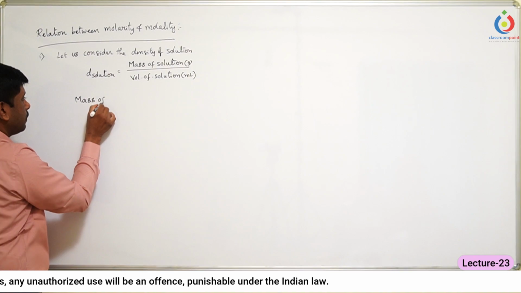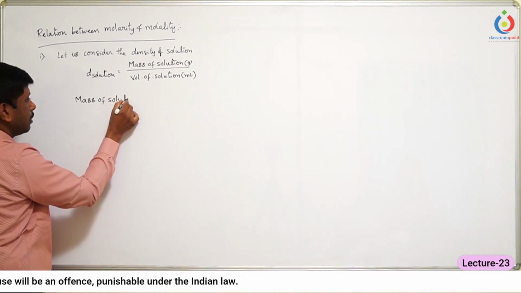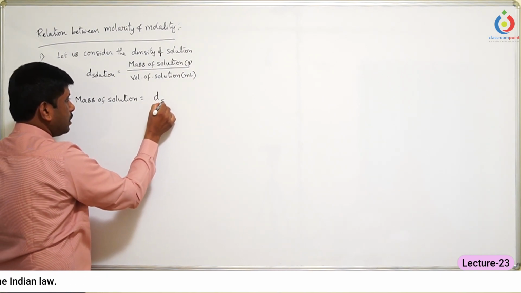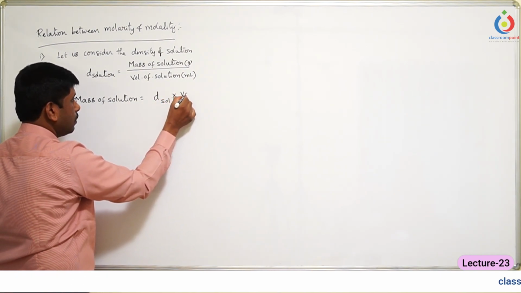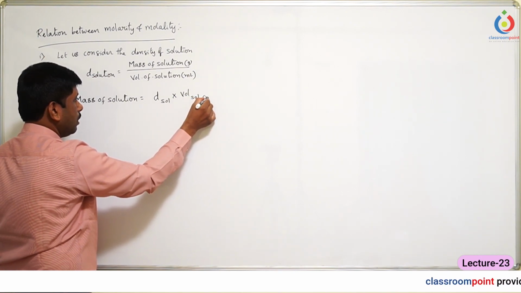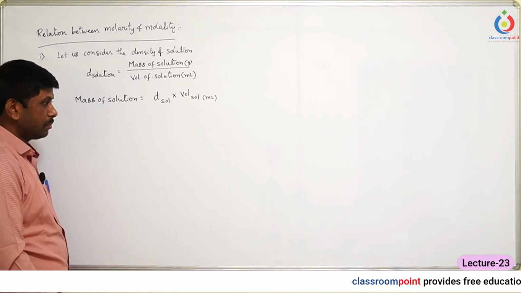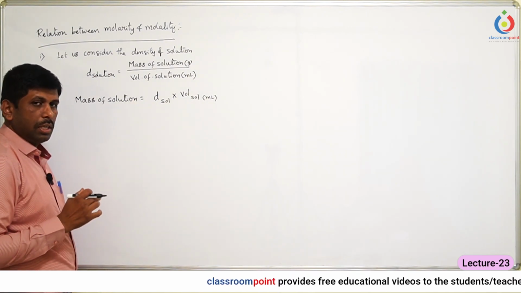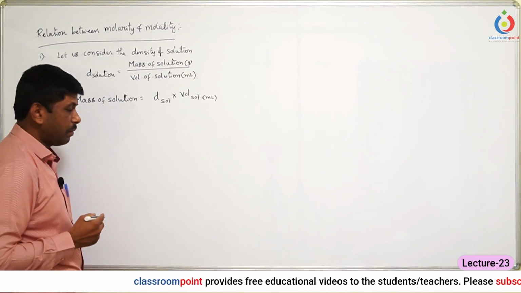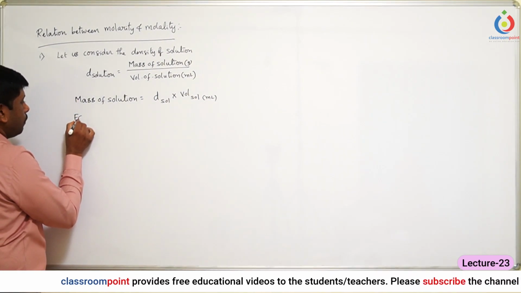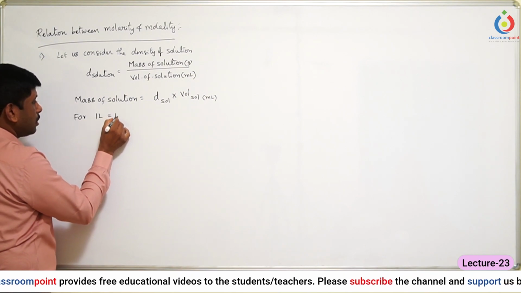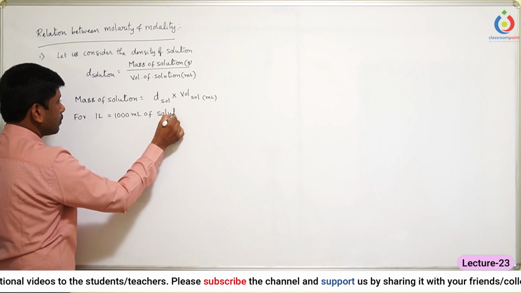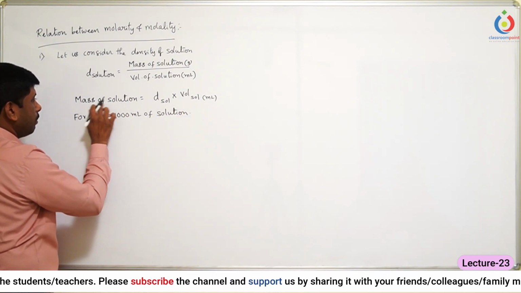So here mass of solution becomes equals to density of solution into volume of solution in milliliters per milliliter. So for 1 ml, this is the mass of the solution. Then let us calculate for the 1 liter of the solution. So for 1 liter, that means 1000 ml of solution, what is the mass of the solution?